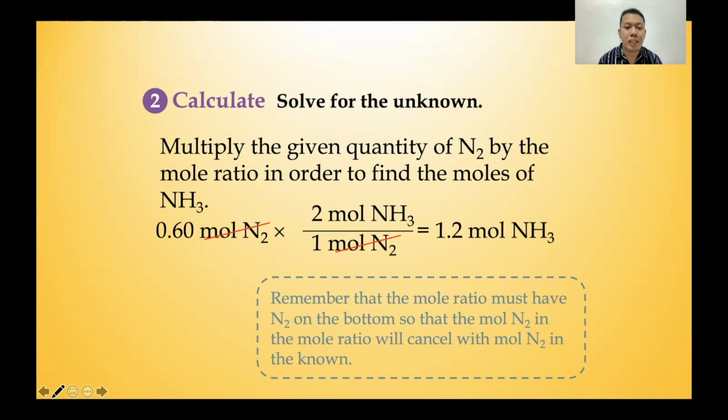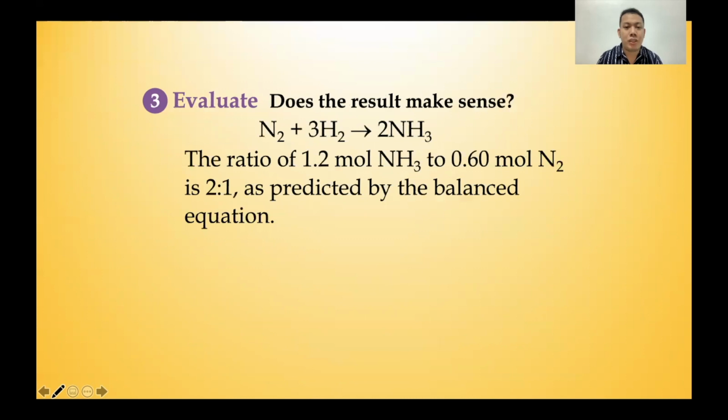So 0.60 times 2 is 1.2 mole of ammonia. Remember that the mole ratio must have N2 at the bottom so that the mole N2 in the mole ratio will cancel with mole N2 in the given. Okay, so third is evaluate.